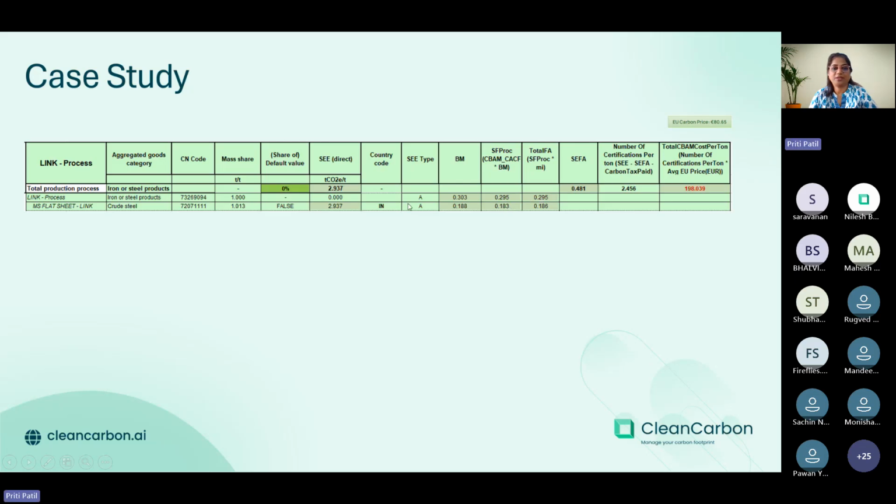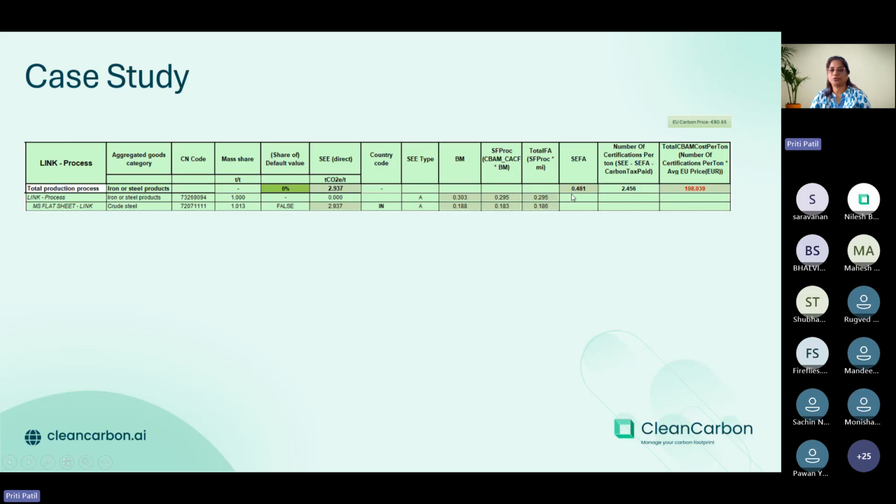And 0.183 is getting multiplied by 1.013. So both are multiplied by their mass ratio, which becomes 0.186. So out of 0.188, only 0.186 is actually free allocation for the precursors embedded emissions. And for the product, out of 0.303, only 0.295 is the free allocation.